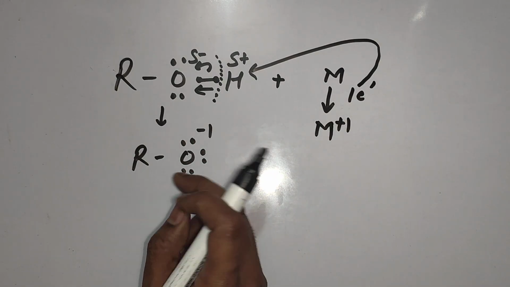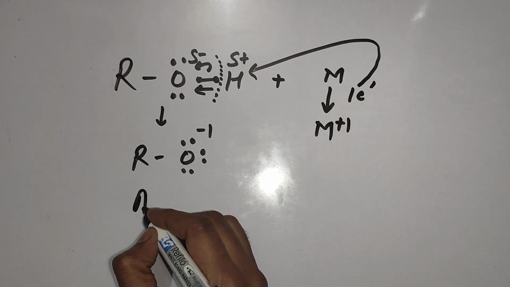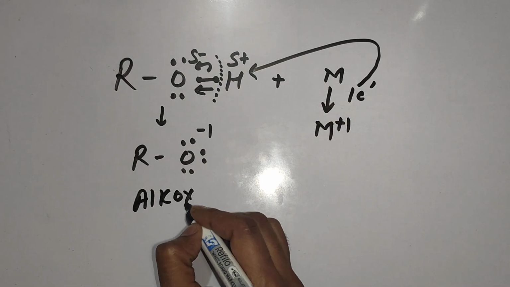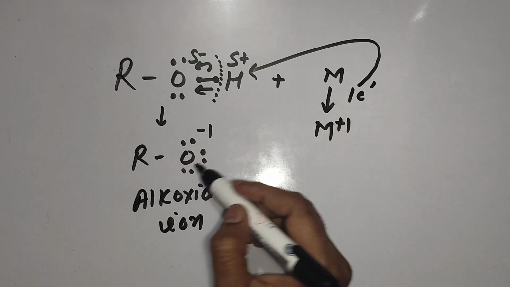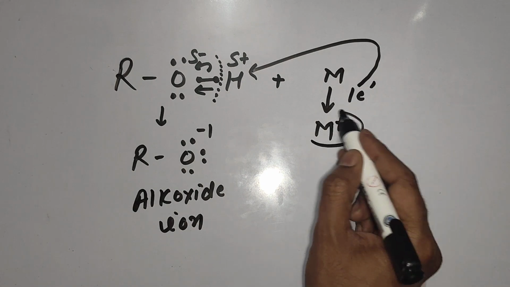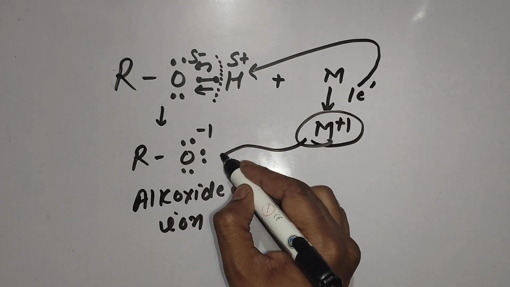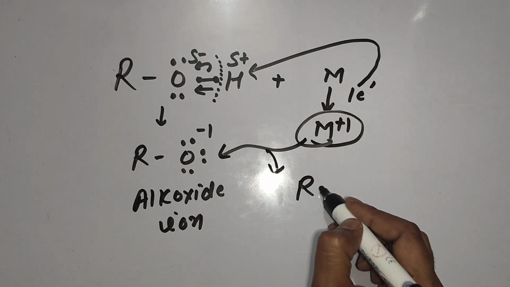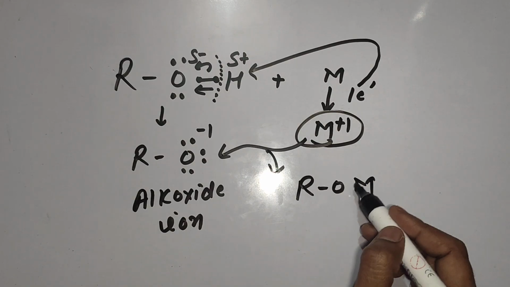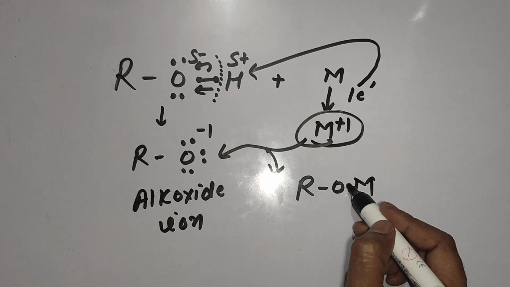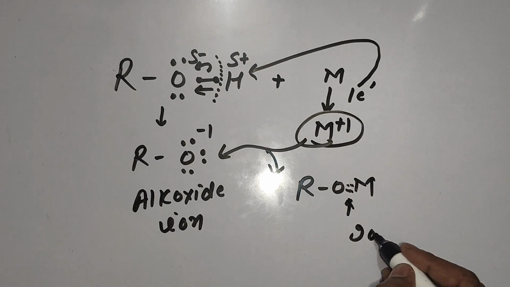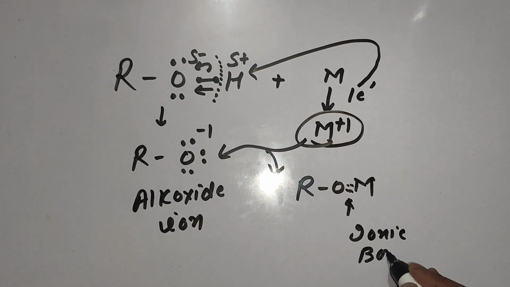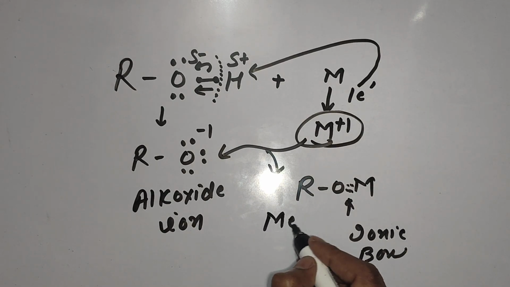So this part is known as alkoxide part. Alkoxide ion you can call it, which will be balanced by this positive particle, cation of metal will attack on it and you will have ROM there. Between O and M there will be ionic bond.